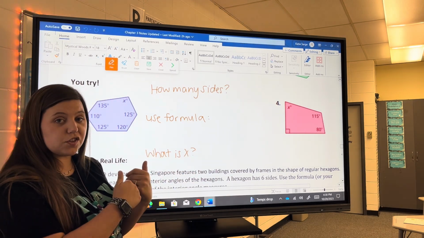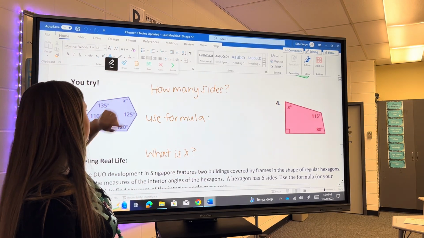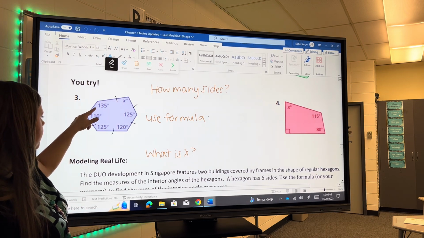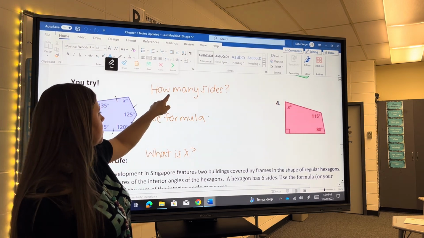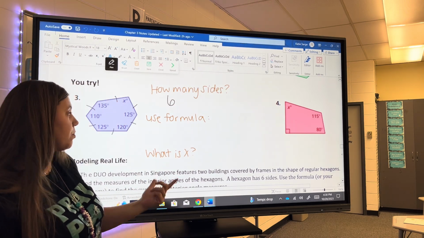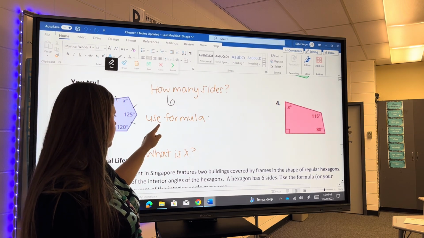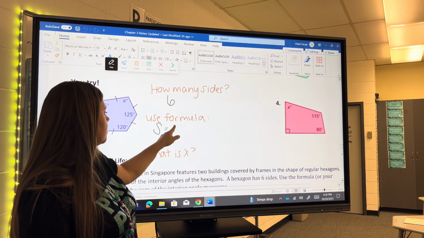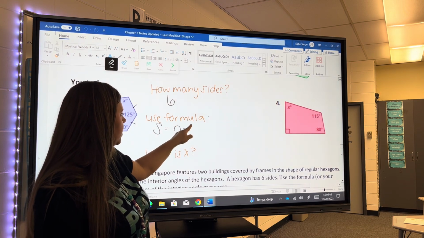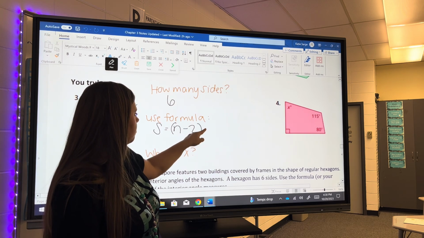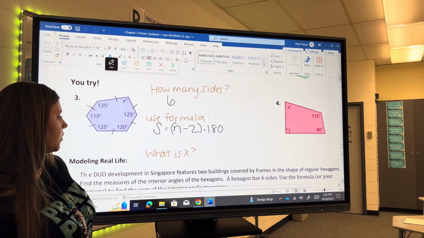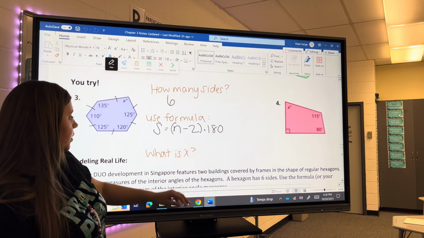So let's start at the first one. How many sides does this have? 1, 2, 3, 4, 5, 6. 6 sides. And now we plug that into the formula, which is the sum of the interior angles is the number of sides minus 2 multiplied by 180. Okay? And then we're going to figure out x.